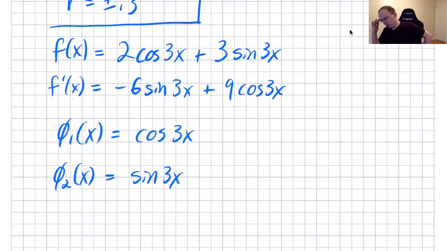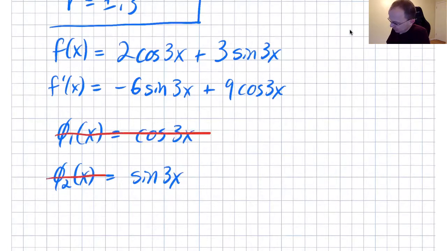And there are reasons why this is reasonable. We're not going to go into that so much. It's very similar to that trick that we saw with repeated roots. So I'm going to ask you to trust me on this, but both of these functions need to be rejected. So I'm going to reject this, and I'm going to reject this because they are both solutions of the homogeneous equation.